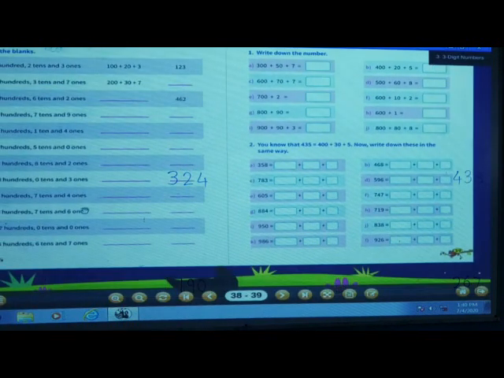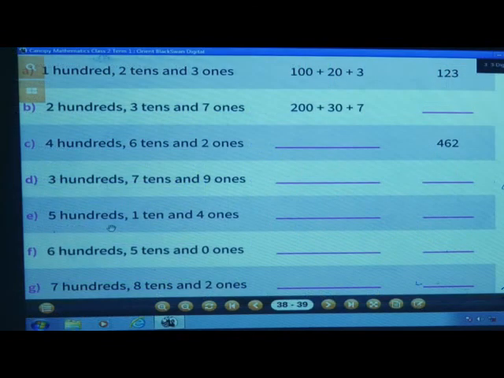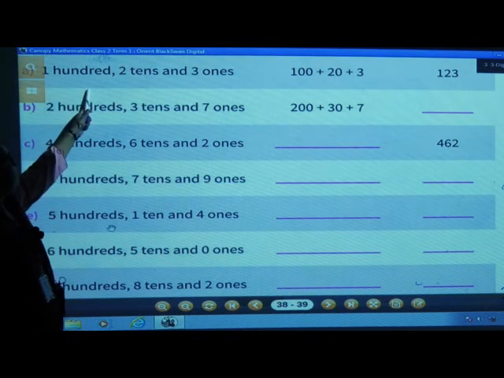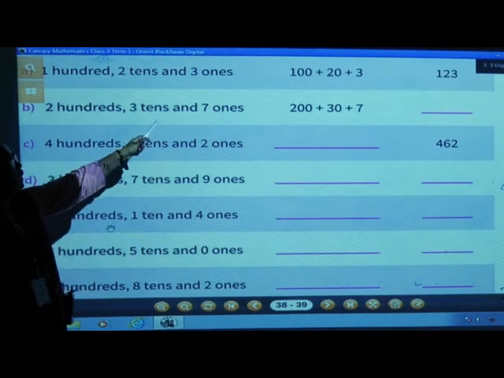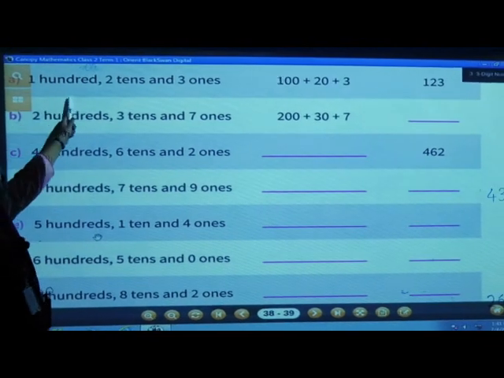Now turn to page number 38. Now we have studied hundreds, tens, ones. Now fill in the blanks. What are you going to do here? See here, 100, 2 tens and 3 ones. Now 100 is there.